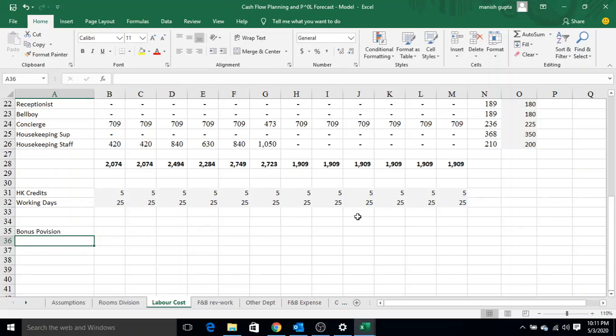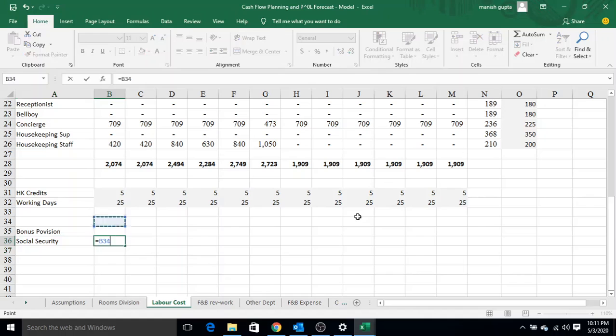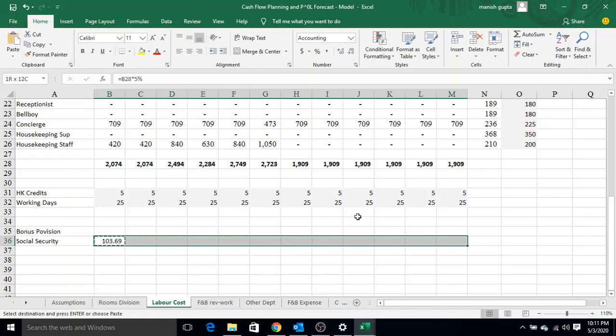You can write down the social security calculations for each base, because usually these are based on the salary. So let's say social security contribution is 5% of the salary and wages, so you can multiply this by 5%. Here you get the budget for each month, right?